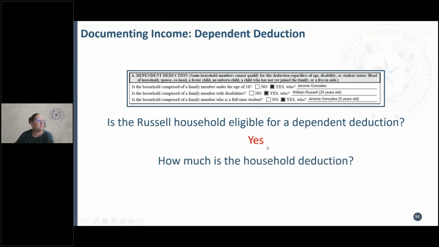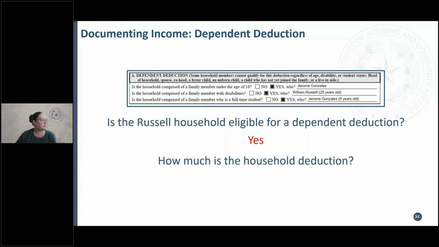How much is the dependent deduction? I'm going to launch the next poll. All right.